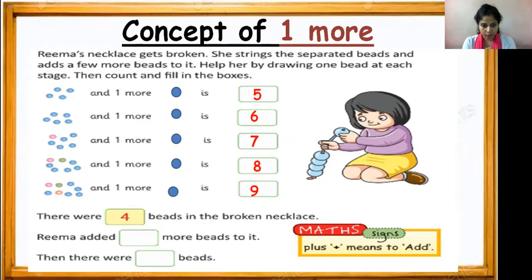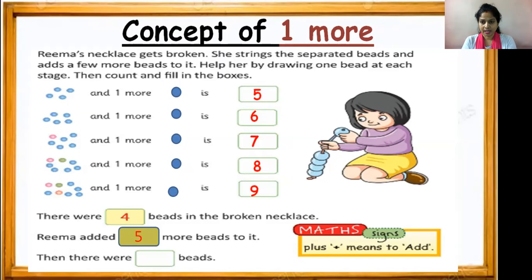Now, first count how many more beads you have drawn and how many more beads she added. 1 blue, 2 blue, 3 blue, 4 blue, and 5 blue. It means Rima added 5 more beads to it.